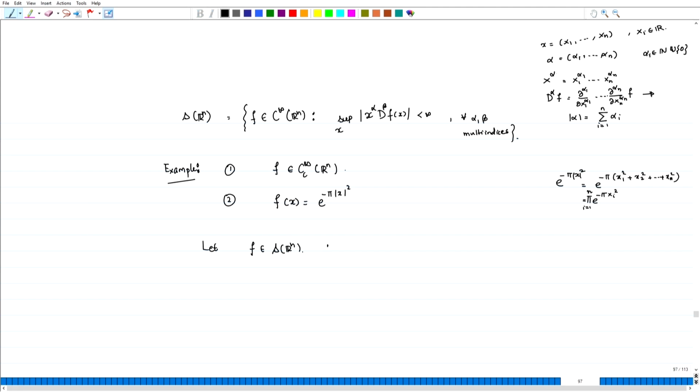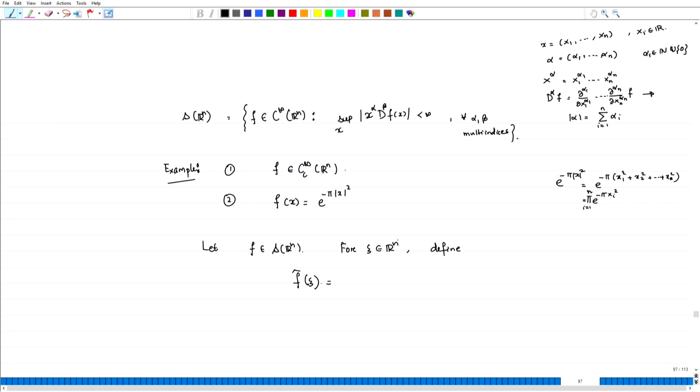define f hat for xi in R^n, the Fourier transform of f at xi.